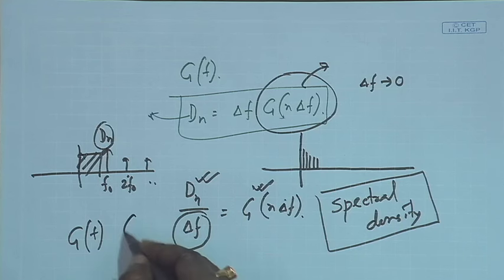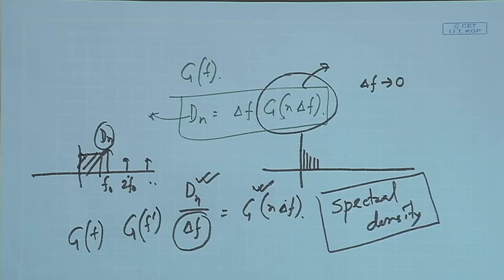Suppose I take a G(f) value at a particular frequency and another G(f') at another frequency. It is actually their relative spectral strength. The actual spectral strength, if del f is tending towards 0, is 0 for both of them, but the relative nature is still intact.